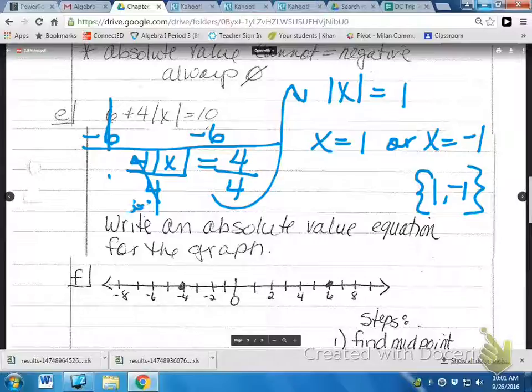Now, my tree asked this question. What if it was negative in this situation? Okay. So let's say it was something like this, and I'm thinking of some options just in case you run across this. Let's say that it would be negative 8 plus 4 times the absolute value of x plus 2 equals negative 6.